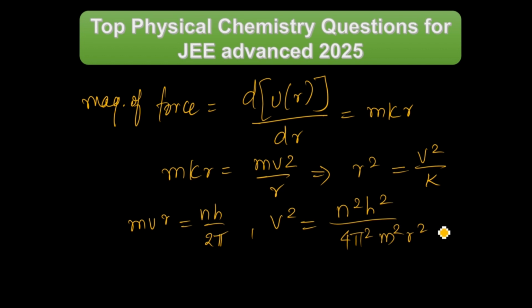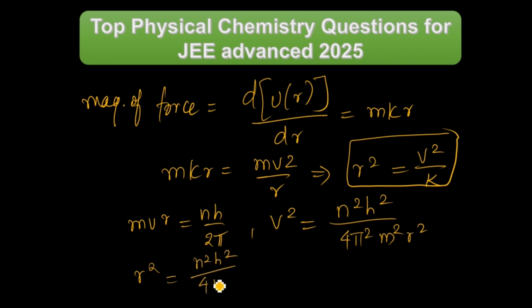So I'm going to substitute everything in this particular equation. So while substituting it, r square equals v square by k, which gives n square h square by 4 pi square m square r square by k.